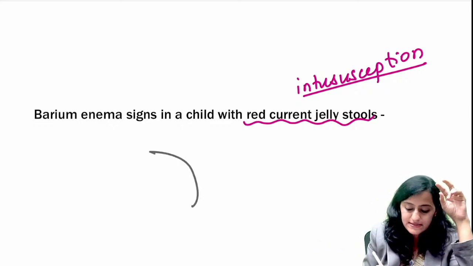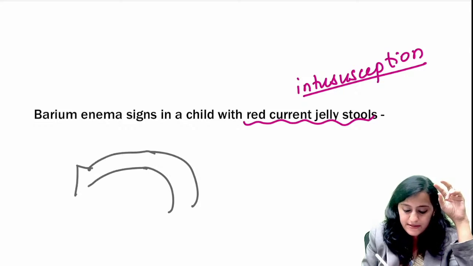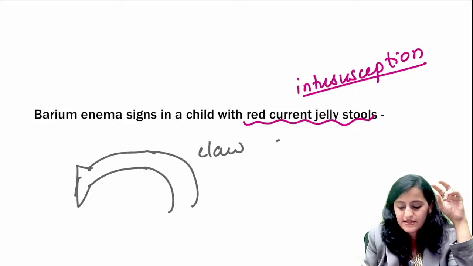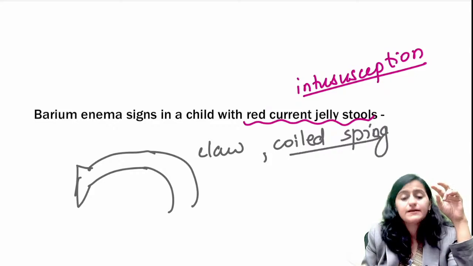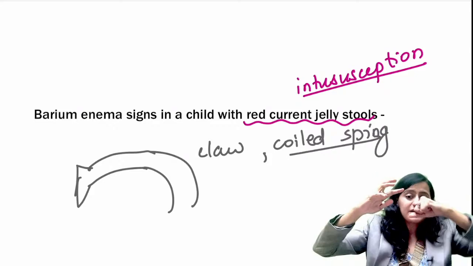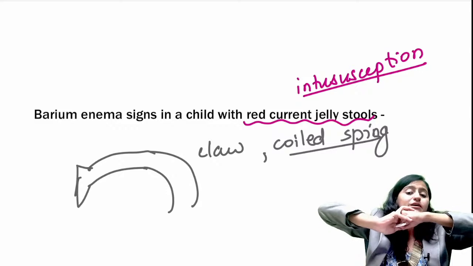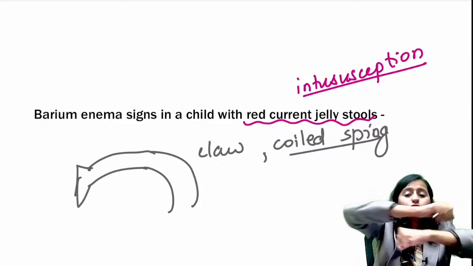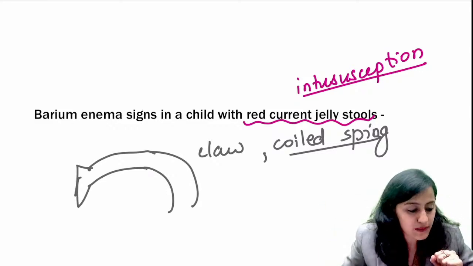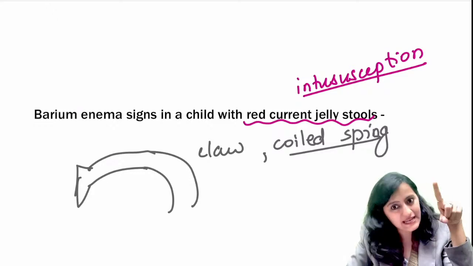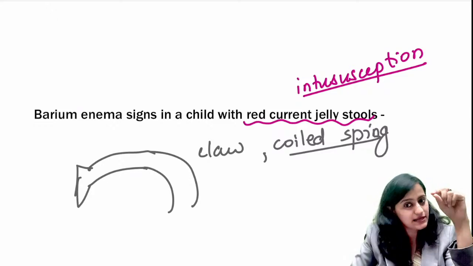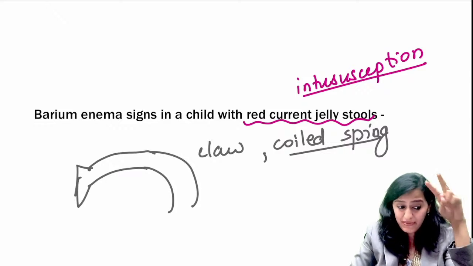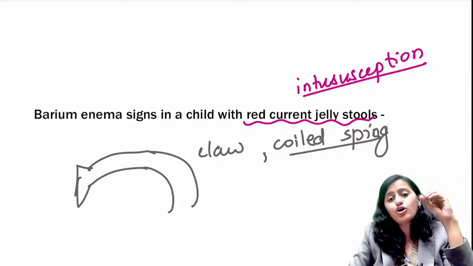Remember, one is the claw appearance and the other is the coiled spring sign. When you put the barium, if there is intussusception, the barium will form a claw or the barium will go like a coiled spring around the bowel. Okay, correct. Ultrasound is where you see the target sign and pseudo kidney sign. Barium enema is going to be claw and coiled spring.